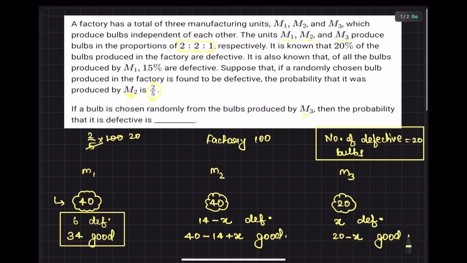Now what we have to do? A bulb is chosen randomly from the bulbs produced by M3. You know that altogether M3 is producing 20 bulbs.